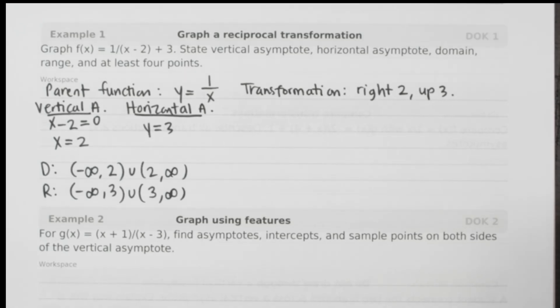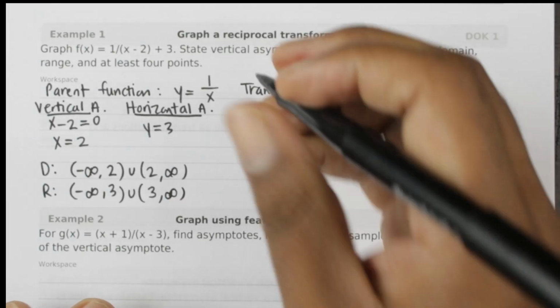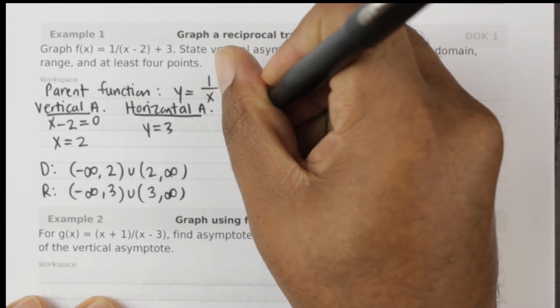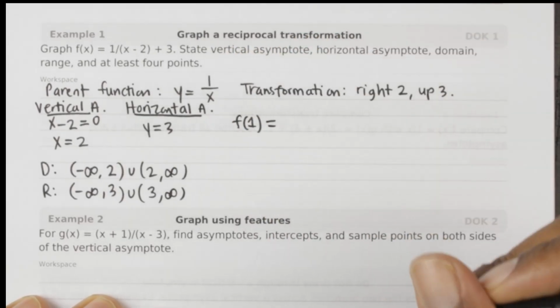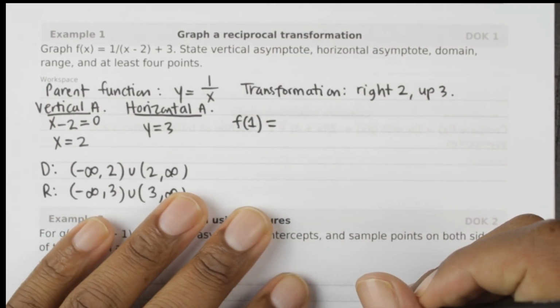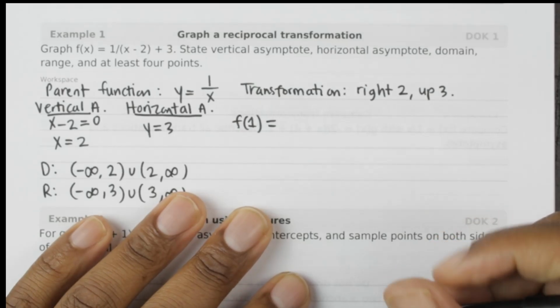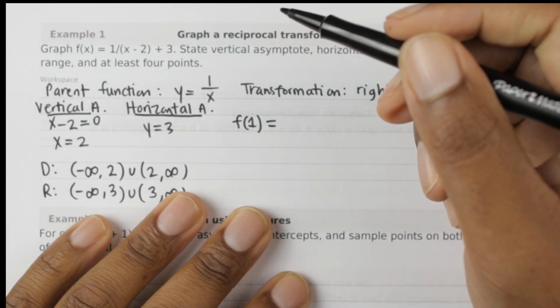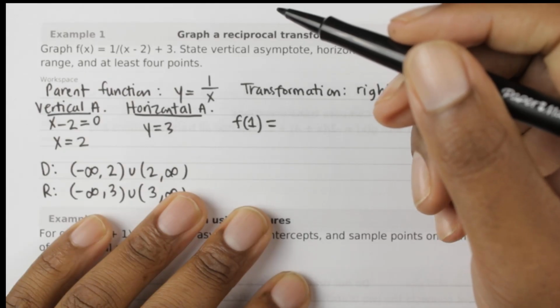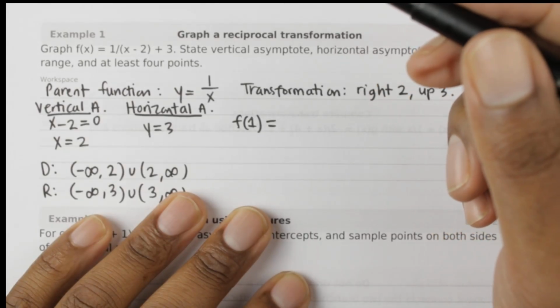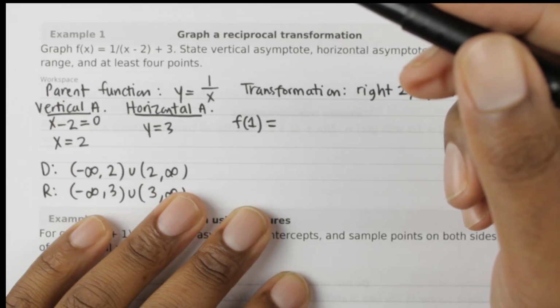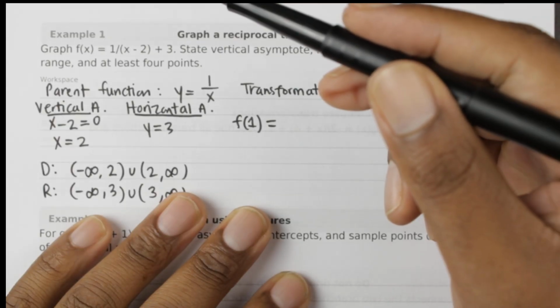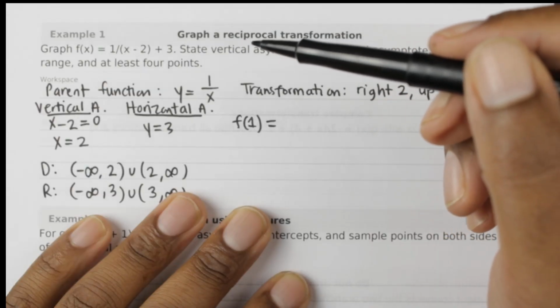Let's choose f of 1. If we substitute 1 in there, we would end up with negative 1 plus 3.